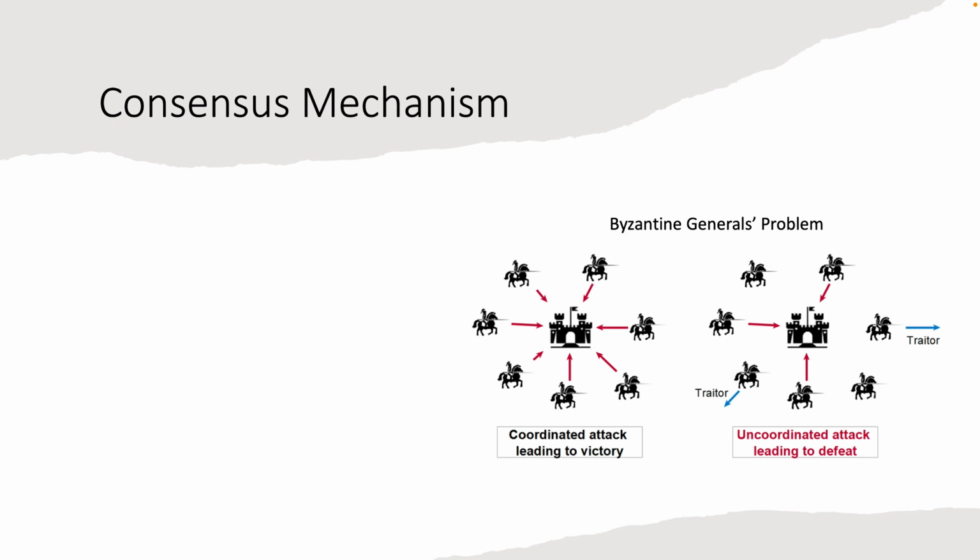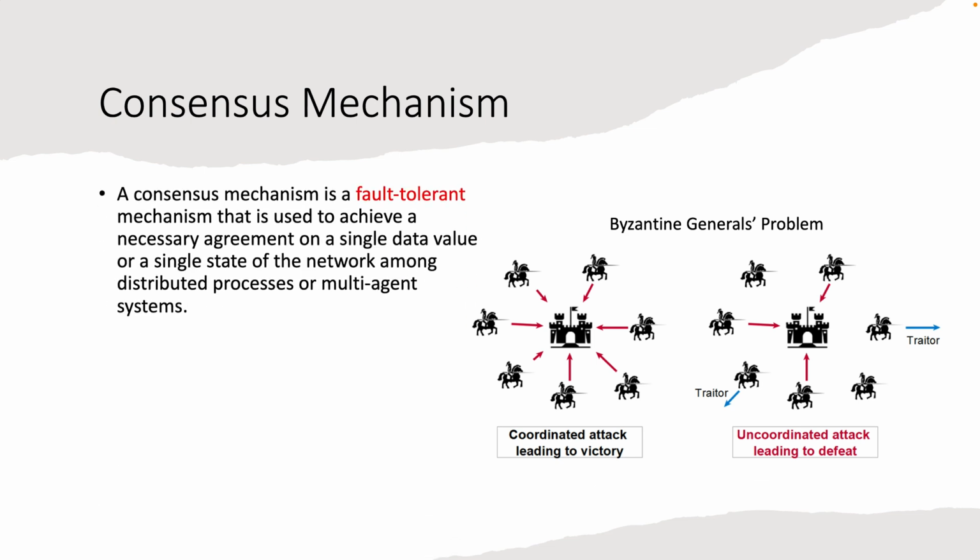So let's check the definition of consensus mechanism. A consensus mechanism is a fault-tolerant mechanism that is used to achieve a necessary agreement on a single data value or a single state of the network among distributed process or multi-agent system.